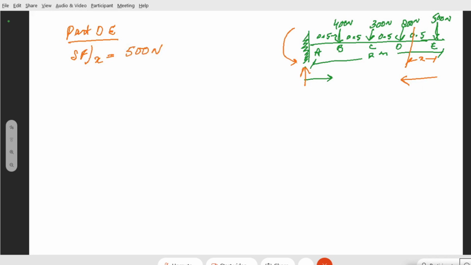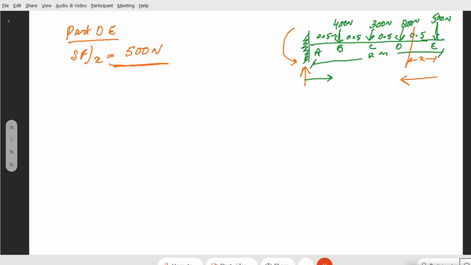It won't depend upon X. Shear force does not depend upon the distance or the lever arm. But the bending moment will be simply this 500, and it will be constant throughout from point D to E.